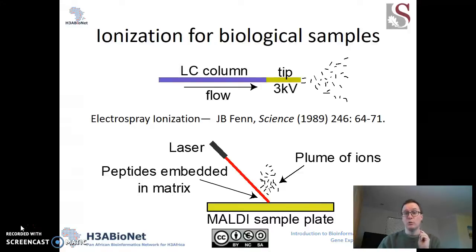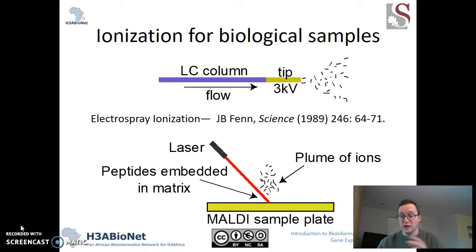First off, one of the key things that I mentioned before was that we must have an ion if we're going to measure something. There was a Nobel Prize given out that encompassed both the process of electrospray ionization, which is coupled to liquid chromatography, the method we use for separating peptide mixtures.